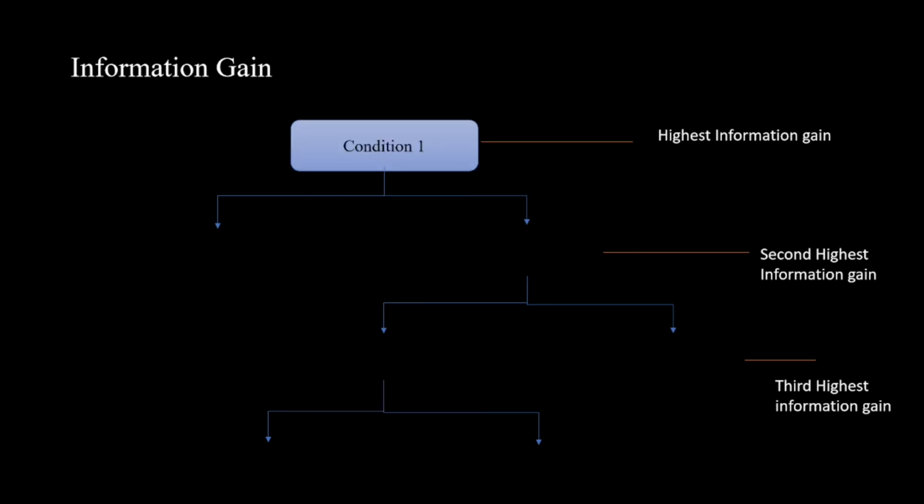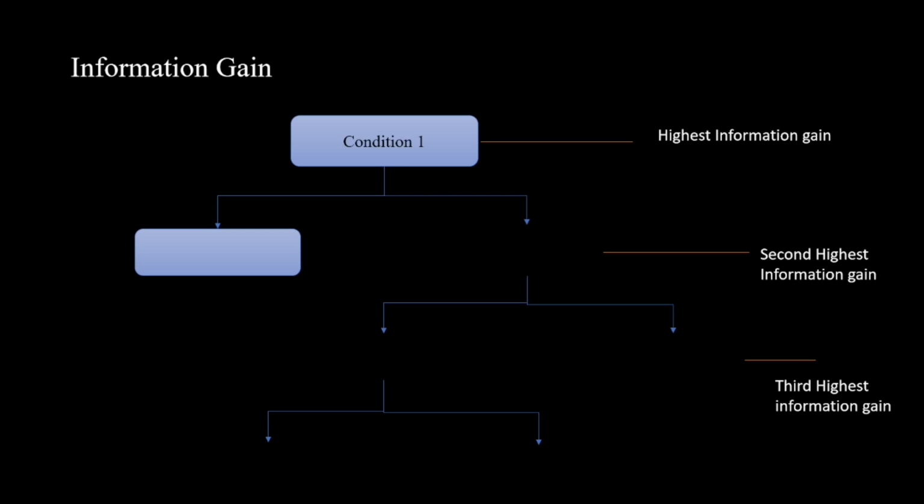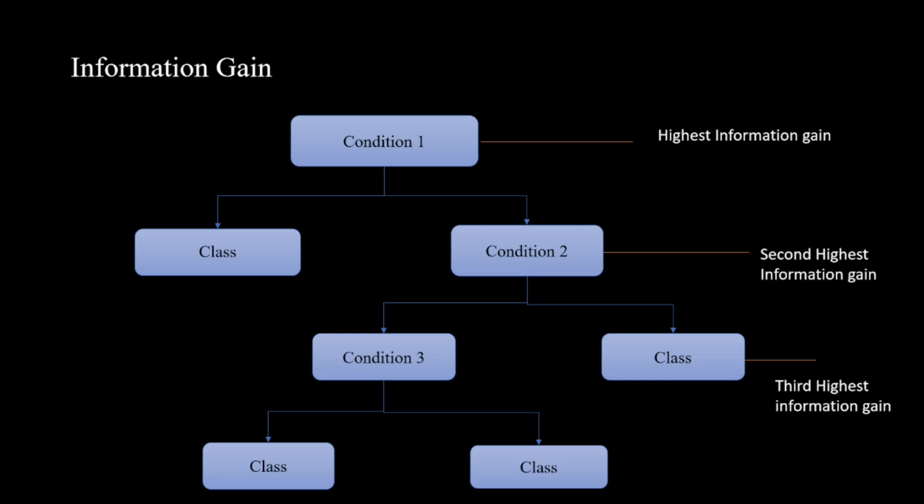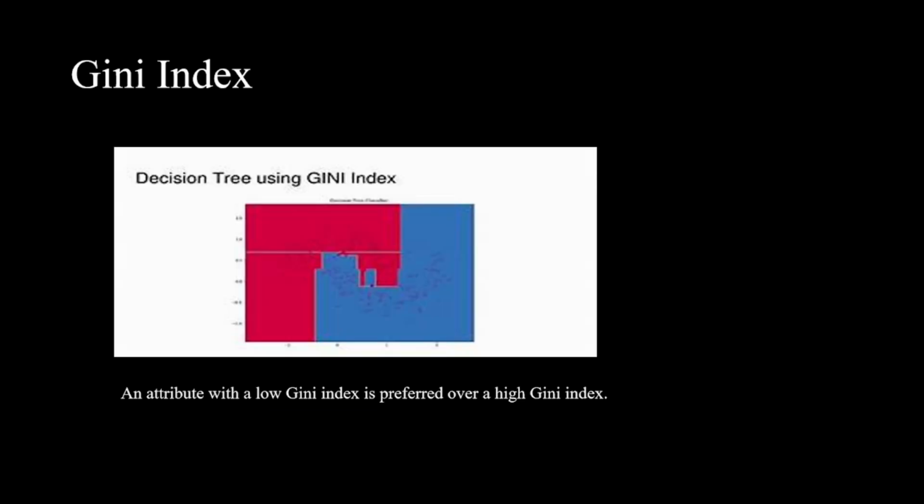It shows the difference between the entropy of the root node and the weighted average entropy of the internal and the leaf nodes. Then we have the Gini index. It measures the purity and the impurity used while creating a decision tree. Note that an attribute with a low Gini index is preferred over one with a high Gini index.